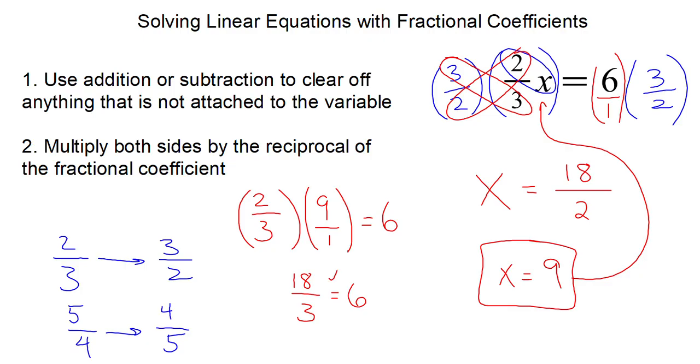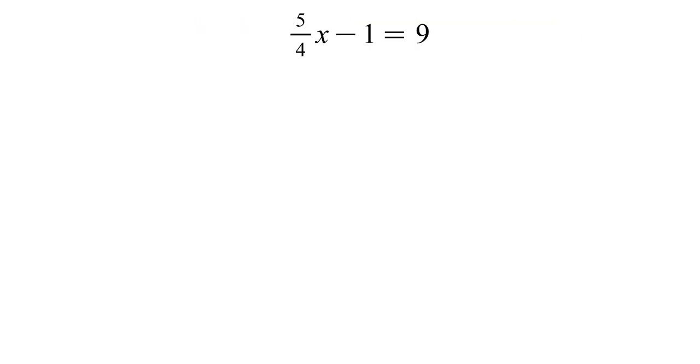So the only thing we're really adding here is, once we get down to just the variable with our fraction in front of the x, all we need to do is multiply by the reciprocal of that fraction. Let's take a look at 5/4 x minus 1 equals 9.